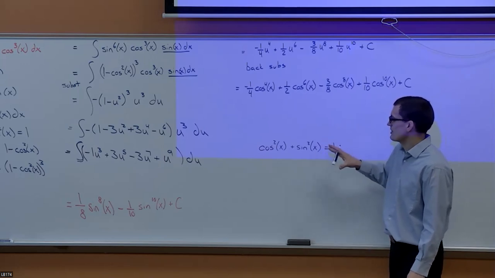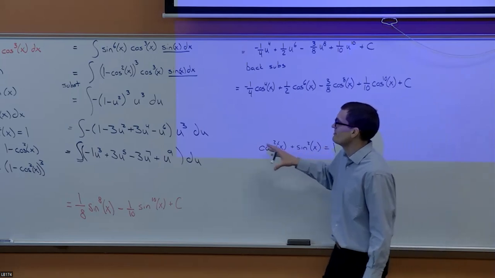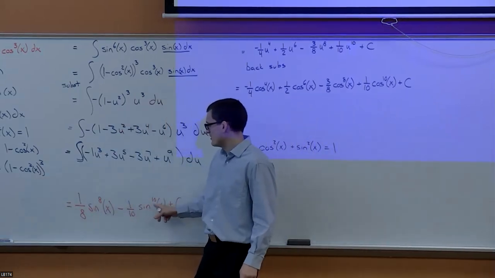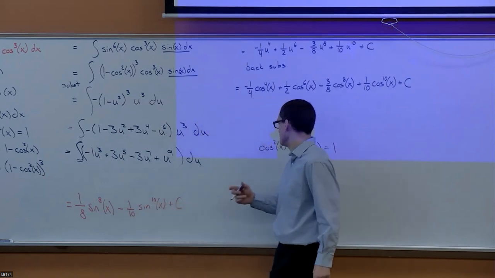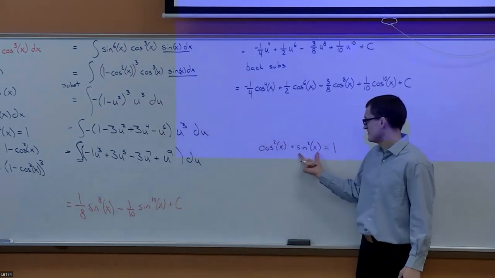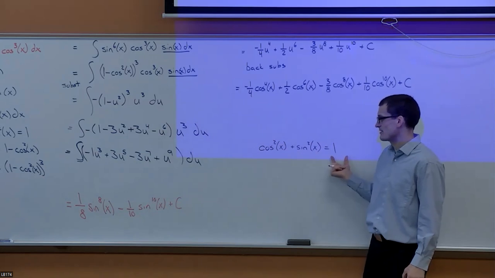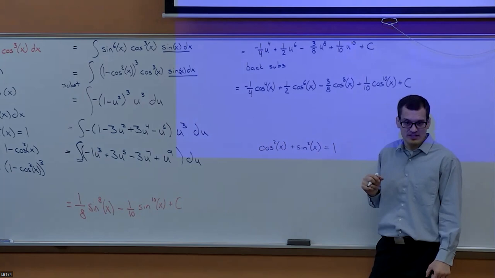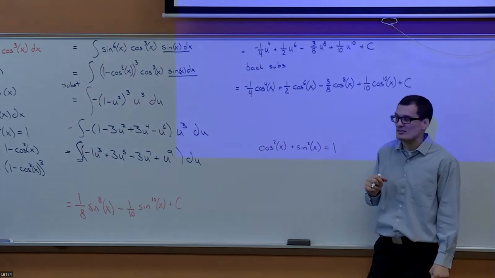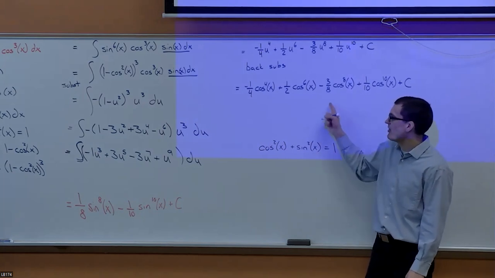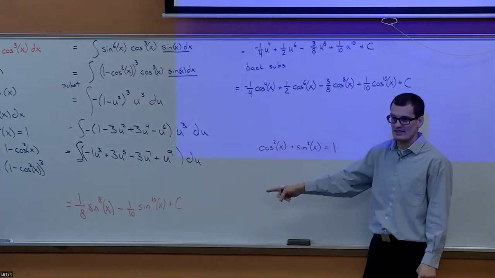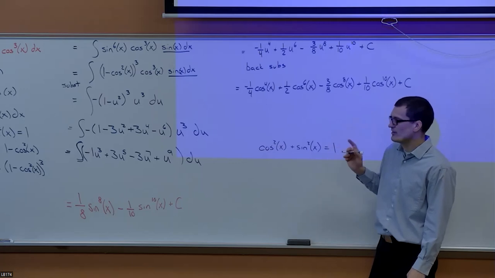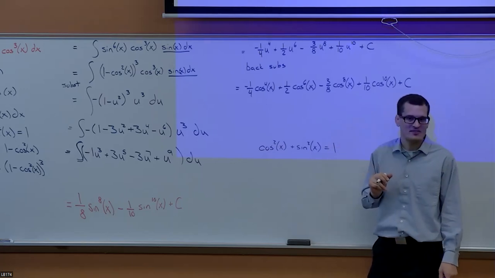Remember, these substitutions... When I apply a sine to the 10th power, what I'd have to do is take 1 minus cosine squared, raise that to the 5th power. So they are the same thing, but sometimes that's hard to see, obviously.